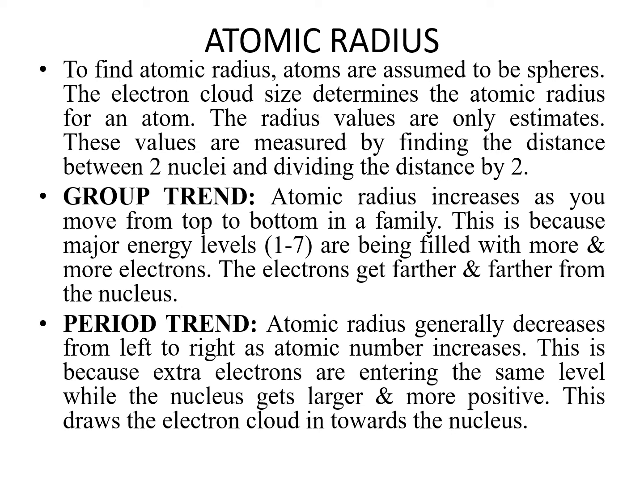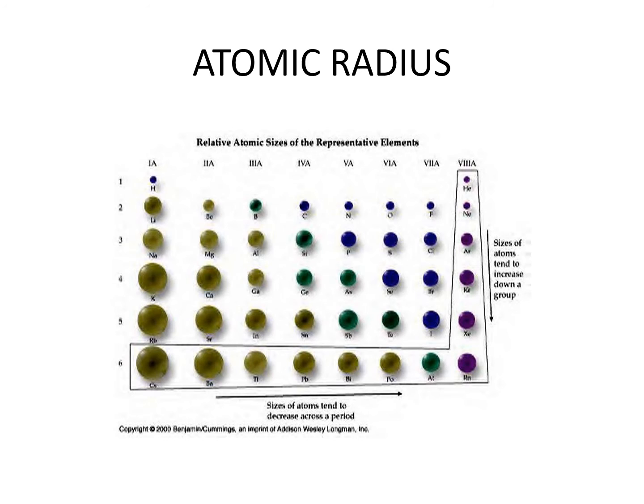Hence, atomic radius decreases from left to right. So, this is the diagram representing the atomic radius. As we see in the figure, the atomic radius increases from top to bottom and decreases from left to right.